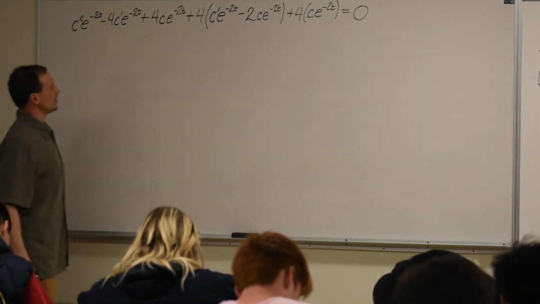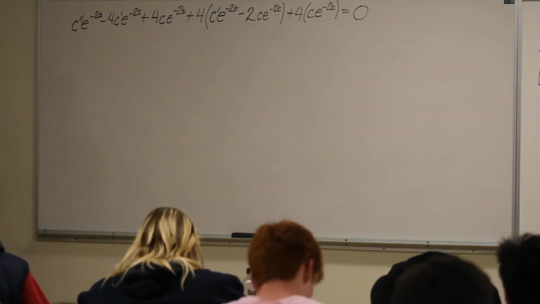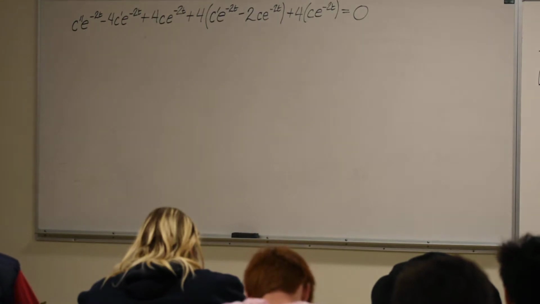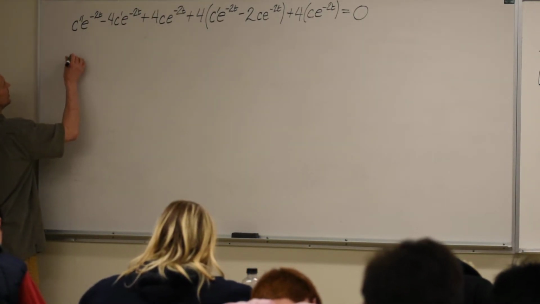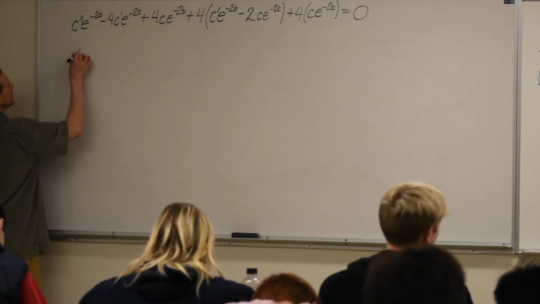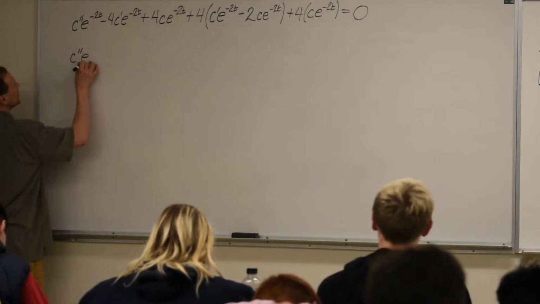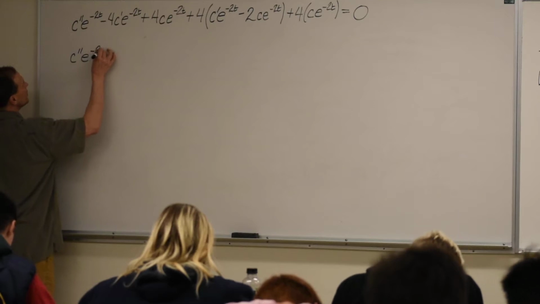Oh my gosh. All right, cleanup time. I know I only have one C double prime. So let's write this. C double prime e to the minus 2t.